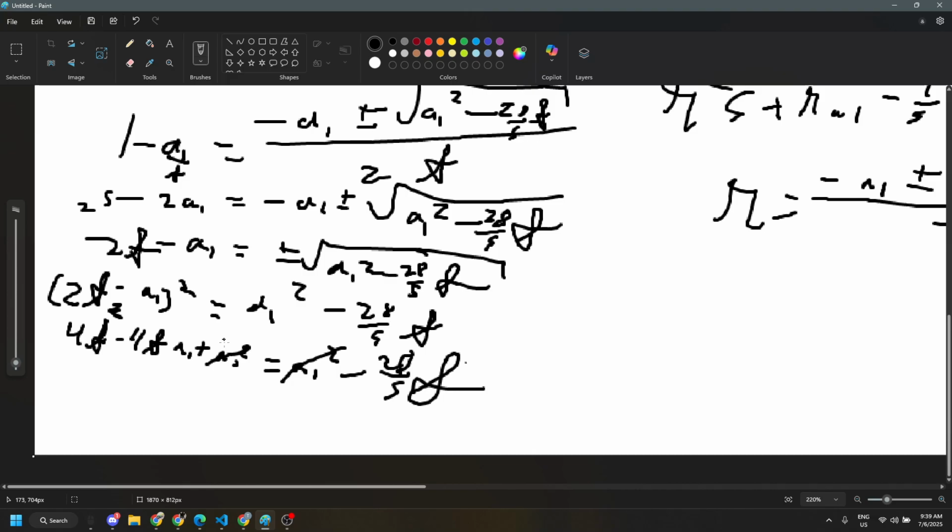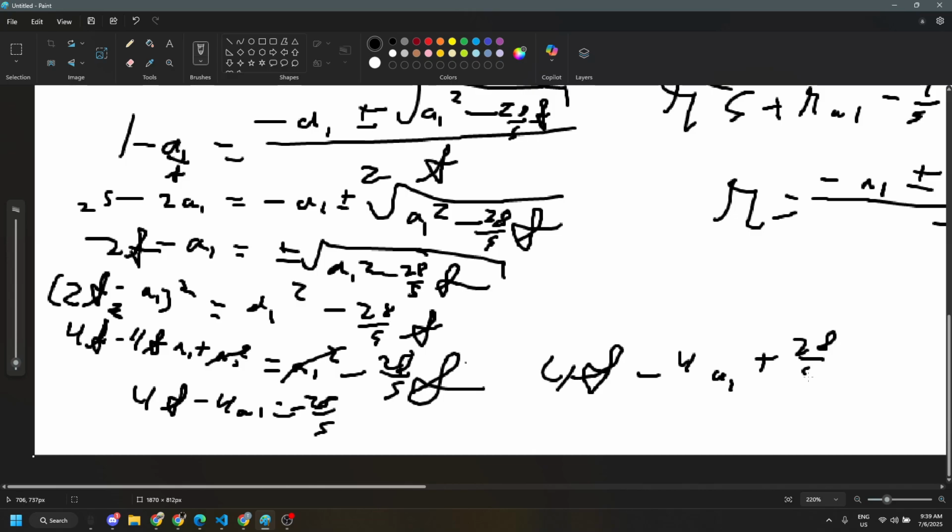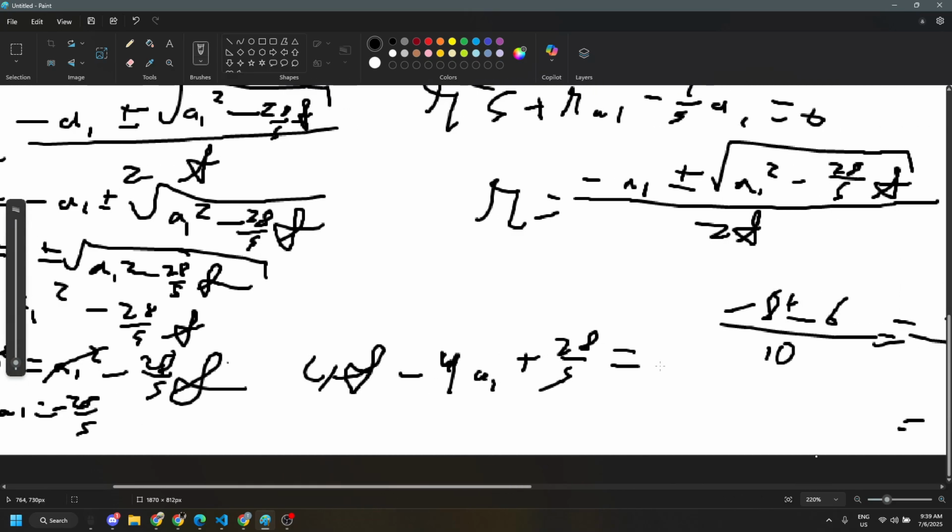Could subtract both these. You can divide by S on both sides. So we have 4S minus 4A1 is equal to negative 28 over 5. So then, let's just get this all on one side. 4S minus 4A1 plus 28 over 5 is equal to 0.